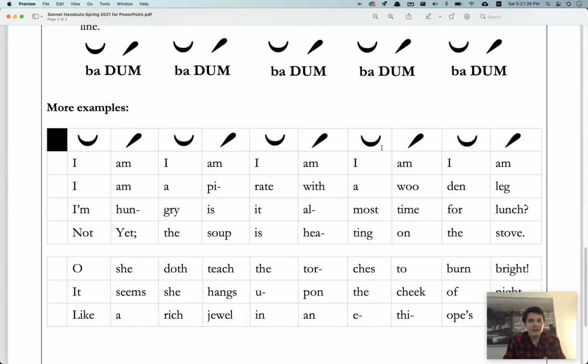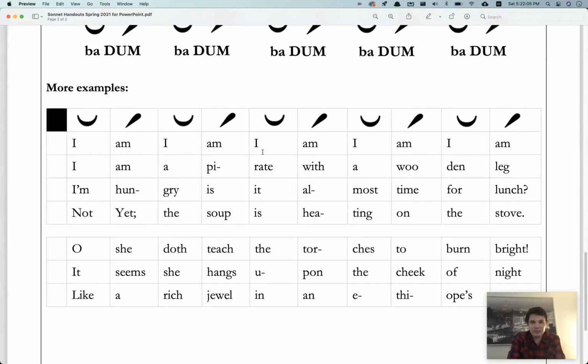I am, I am, I am, I am, I am. I am a pirate with a wooden leg. I'm hungry, is it almost time for lunch? Not yet, the soup is on the stove. Messed that one up a little bit. Oops. All right, so those are just some random examples.